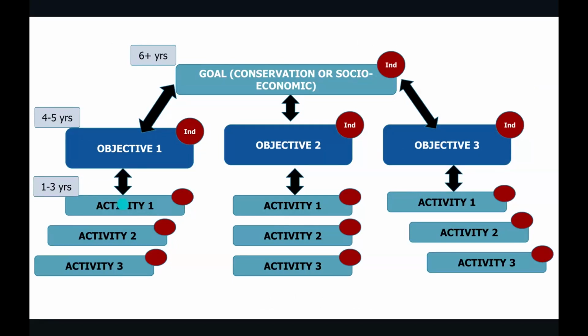And then each objective has different actions. These are, what are we going to do? These are really like what your management staff are going to do. And these are like, in 1 to 3 years, we're going to take all these activities and achieve this objective. And then when we combine these objectives, we can help achieve our goal.